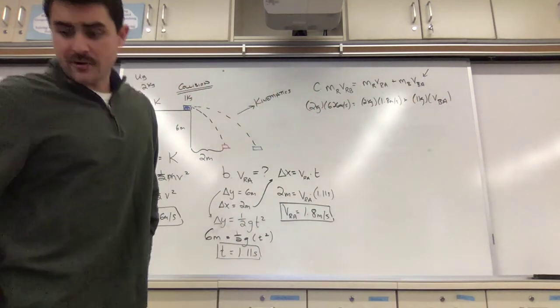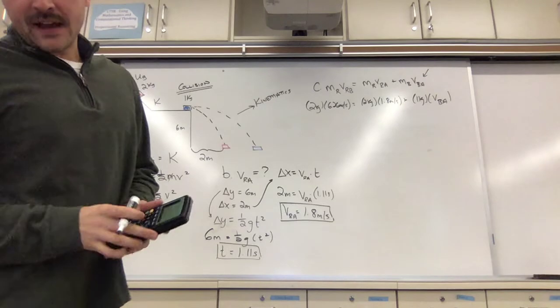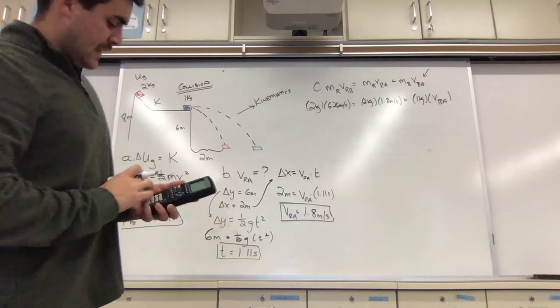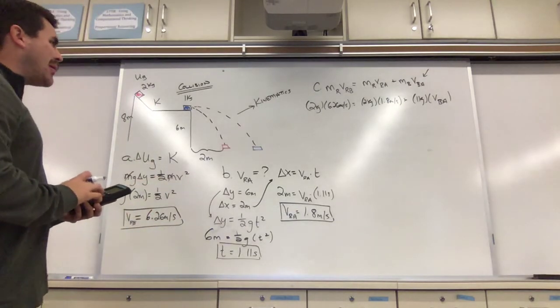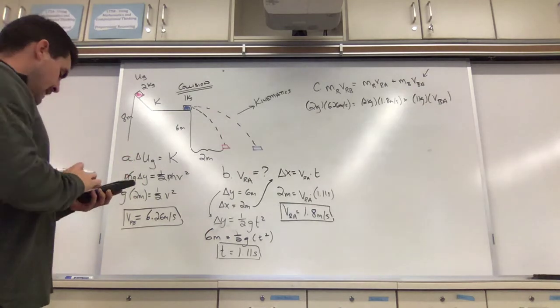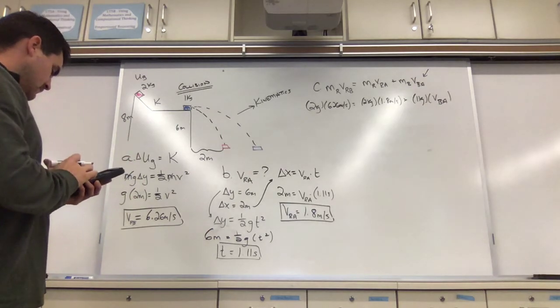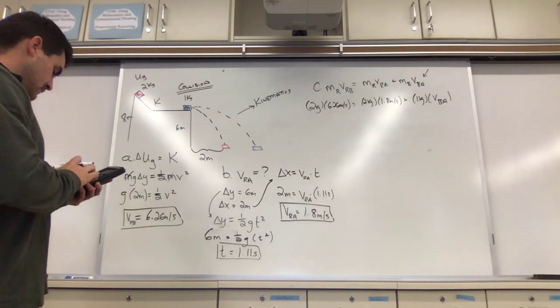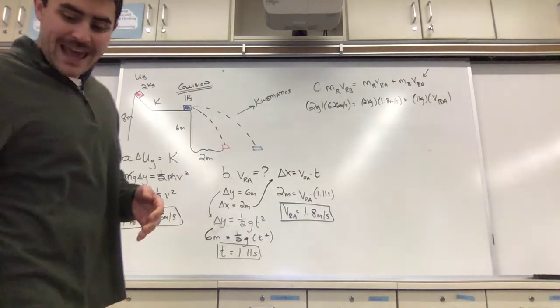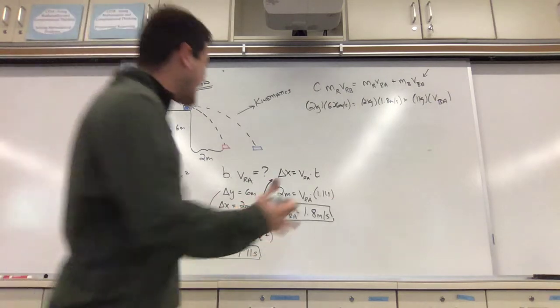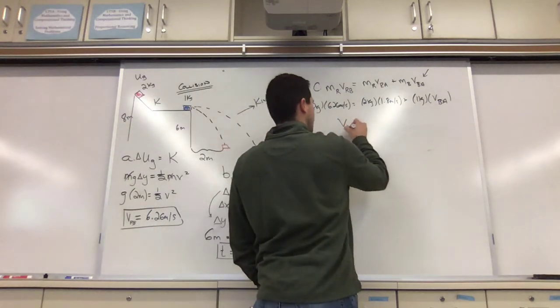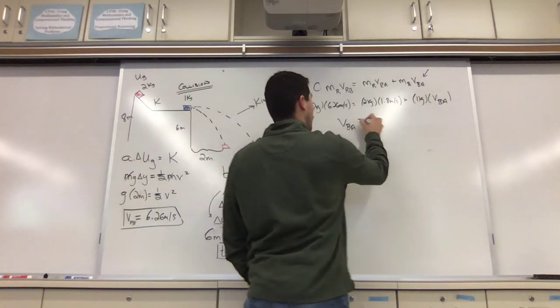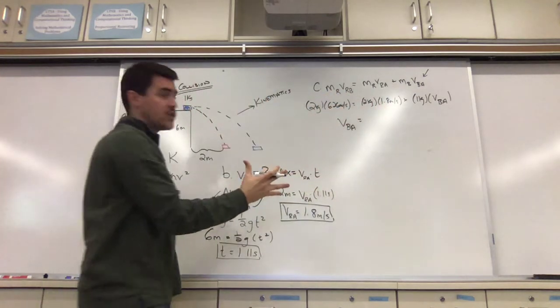I already have everything set up to find that for me. And I think I get something around 8, but let me double check. Yeah, I end up with 8.9.